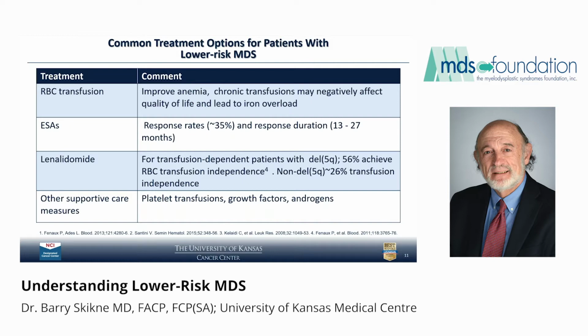It's also used, but not FDA approved, in non-deletion 5q patients who are red cell transfusion dependent. In these patients, one may have approximately a 1 in 4 chance of becoming red cell transfusion independent, but the average time that may last is about 8 months, and then usually after that the response to this drug fails.